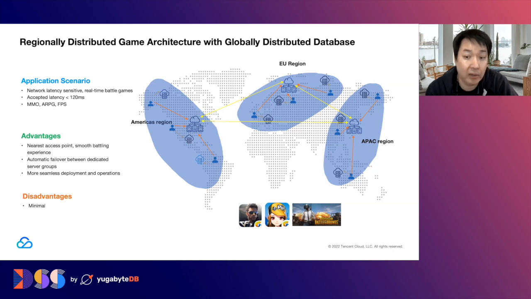This model allows for the nearest access point with a smooth gaming experience, and it also allows for automatic failover between dedicated server groups. And there's more seamless deployment and operations. So the disadvantages of this model are really minimal. Okay. So exactly how do we achieve this?